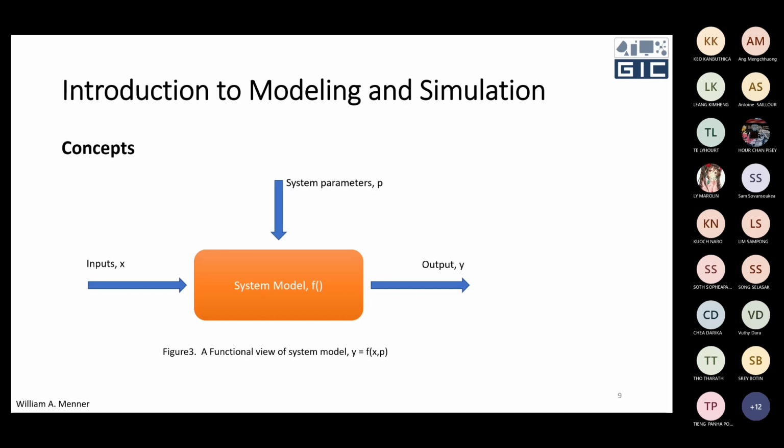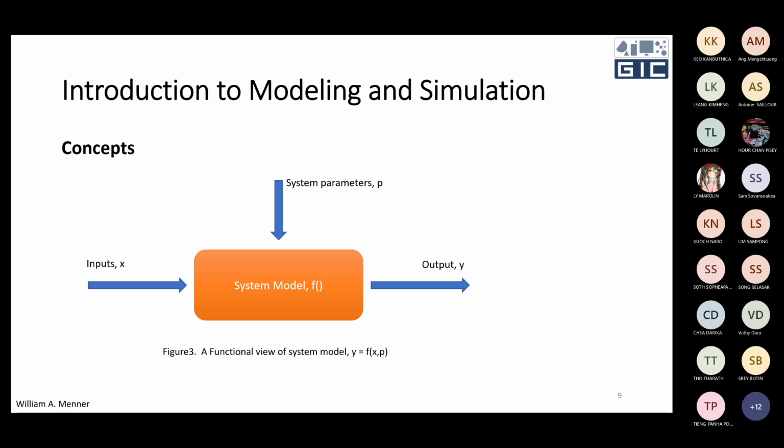What is the difference between x and p? Actually, x and p are both called parameters, but we distinguish them: p is the fixed parameter that is not provided by the audience or the other customer. It is a fixed parameter that we build into the system, and then we have the other input.